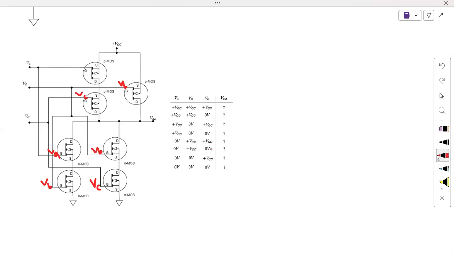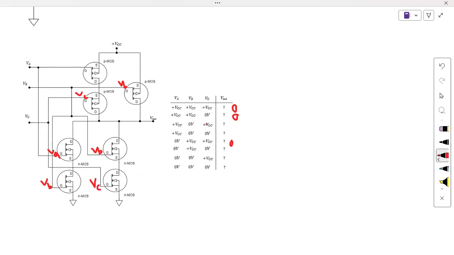So right off the bat, I know that anything with VB and VC is already going to be 0, along with anything with VB and VA. So we know that these three are going to be 0 because there's a path from V out straight to ground through this open channel. And similarly with VB and VA.